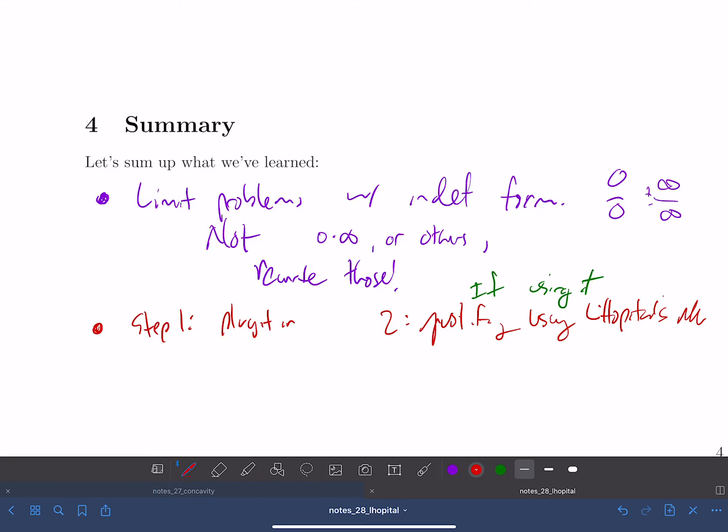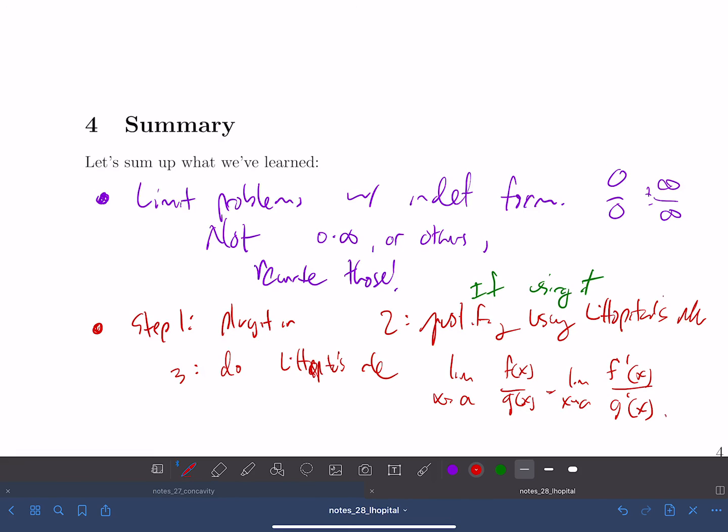And then step 3, I think, is do L'Hopital's rule. And that's that the limit as x approaches a of f of x over g of x equals the limit as x approaches a of f prime of x over g prime of x.